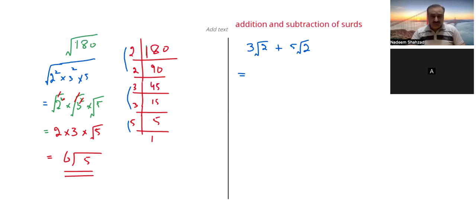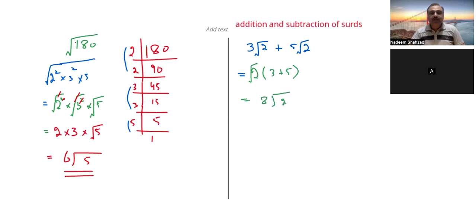So which term can we take common from this expression? Square root 2. So square root 2 is your common, and we will get 3 plus 5, which is 8. You can write 8 square root 2. So this is your answer.